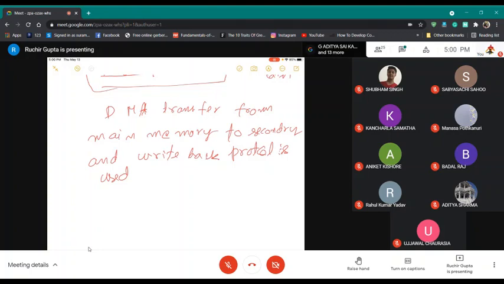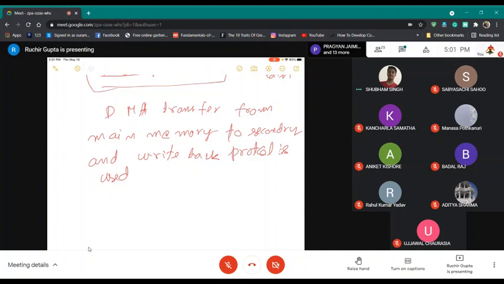Because write back protocol is used, there is a possibility that whatsoever you are transferring from main memory to secondary memory is actually not updated, right? Yes, sir.